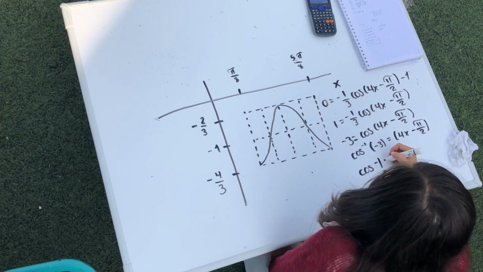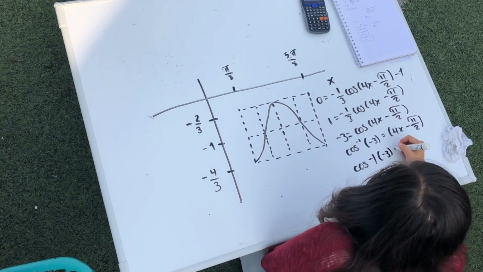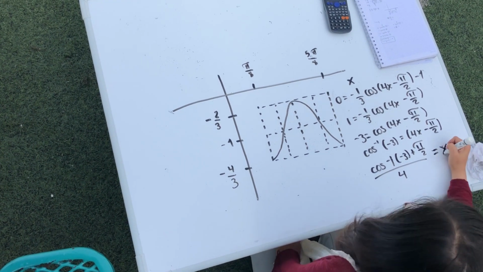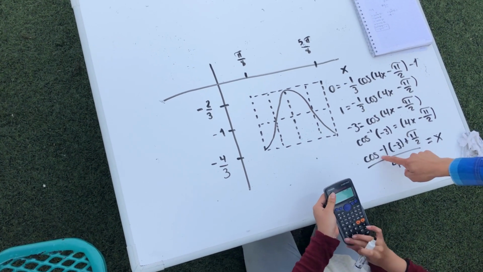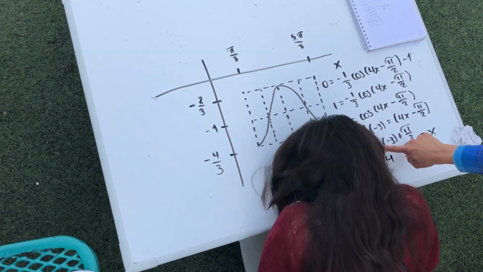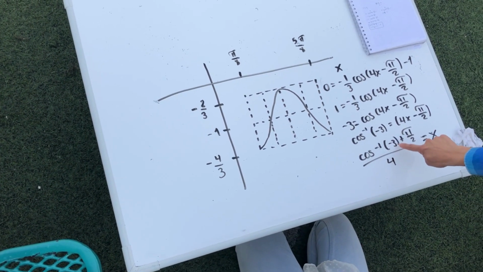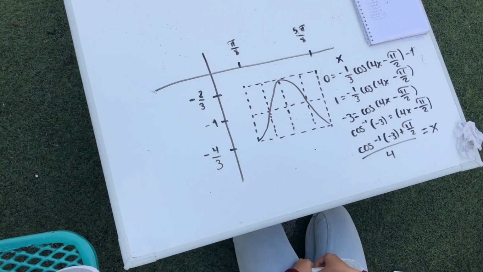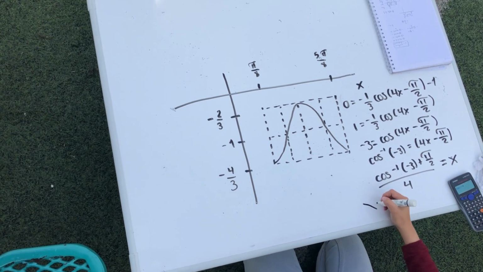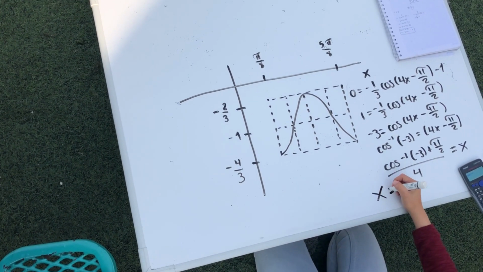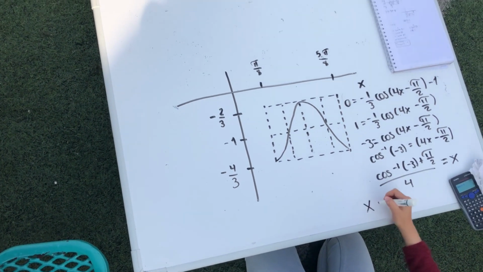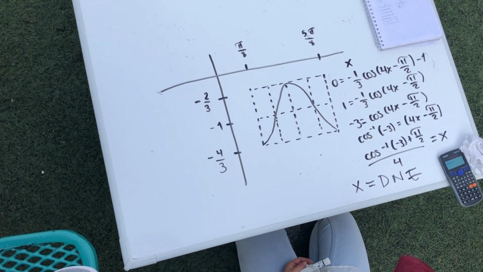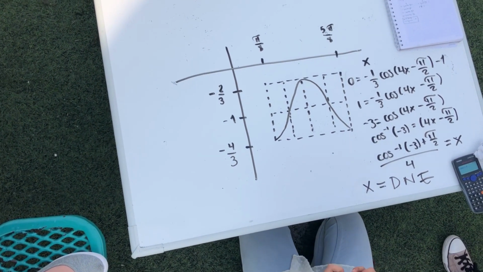So we keep clearing, and then we notice that in that clearing process we discovered that it wasn't necessary, because you could see it's bigger than 1, so it's not possible to have an x-intercept here. So that's not possible. So x is equal to doesn't exist.